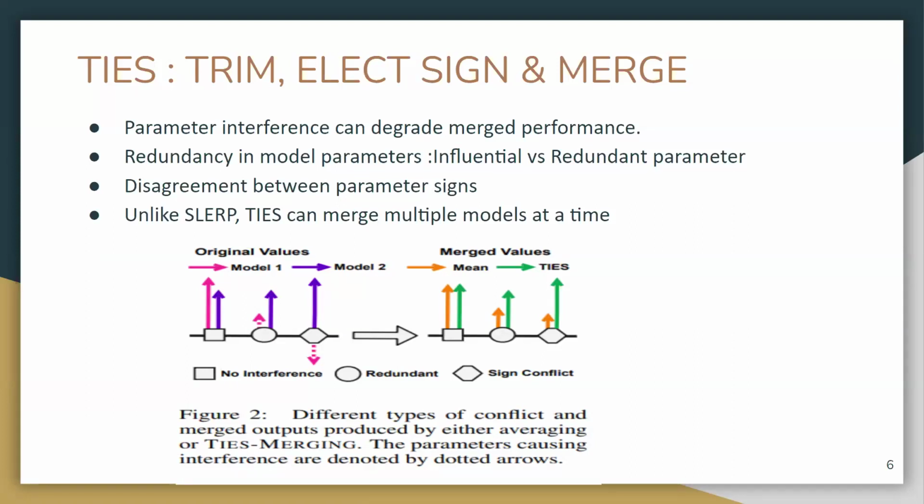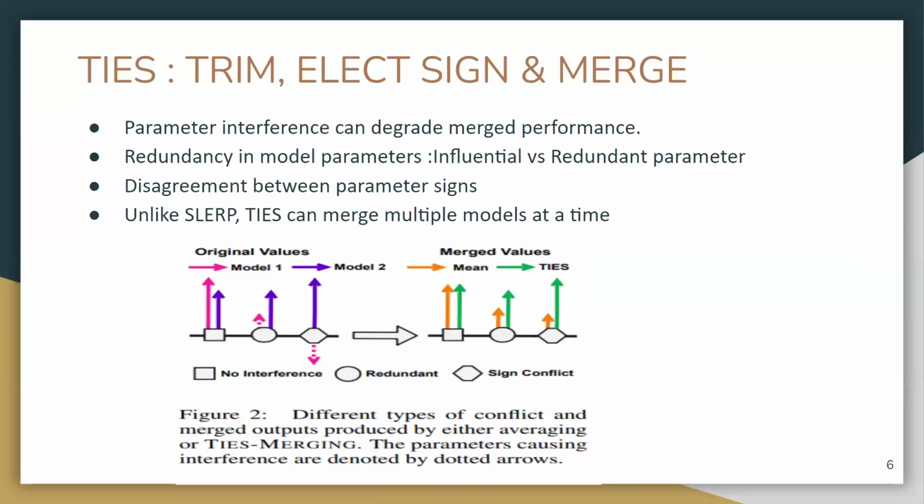It just means that if there is no interference, there is no interfering with our results. Another idea could be that suppose the same parameter in two different models, one is responsible for predicting the label as positive, the other one is responsible for predicting the label as negative.